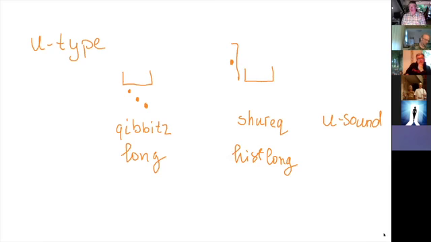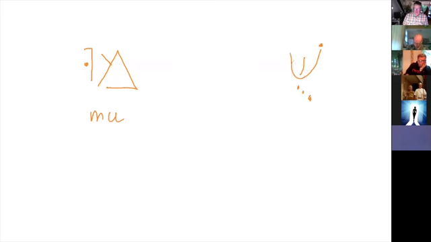One example. The mem. You pronounce it as mu. And this is shuf. You pronounce it as shuf. So this is the shurek, and this is the kibbutz.